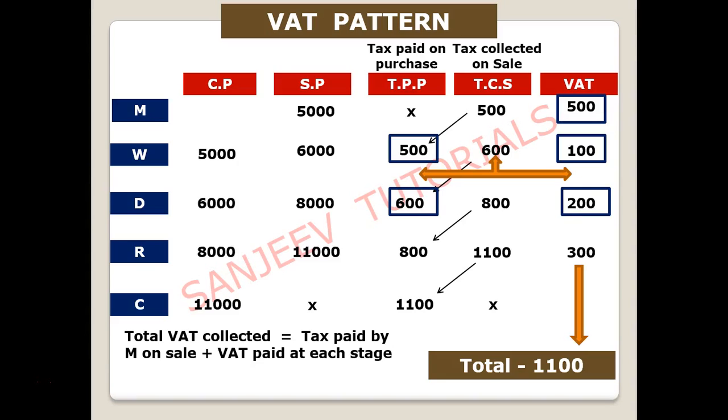So he had to shell out rupees 800 from his pocket, but he collected this 800 rupees from the retailer. So finally he also is at no profit, no loss as far as this VAT procedure is concerned. Next, if you have a look at the retailer also, it's the same thing. He is also at no profit, no loss.